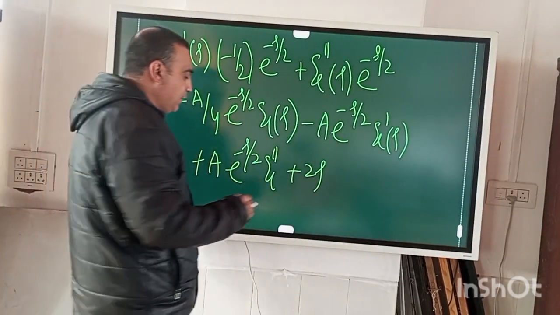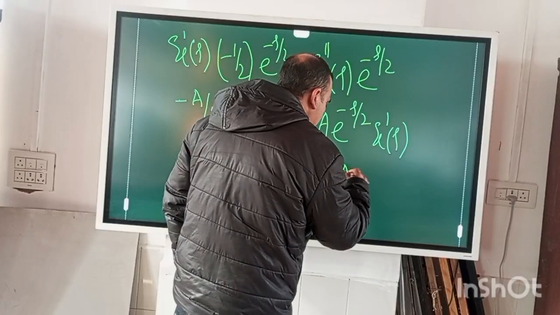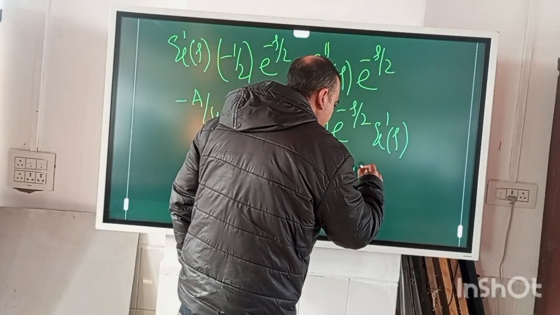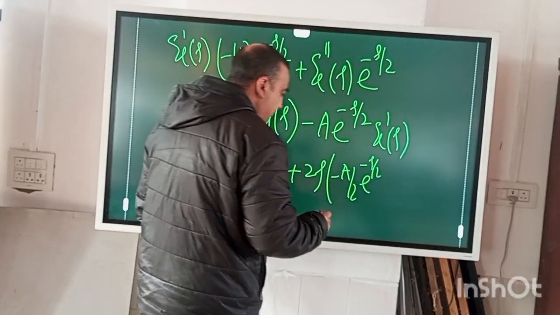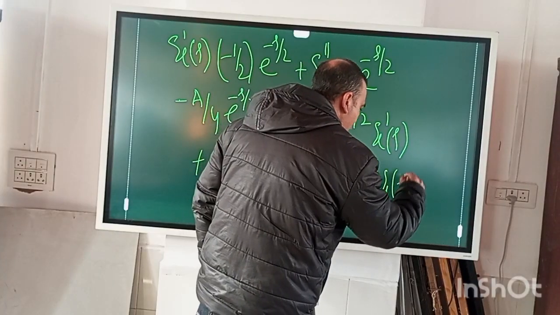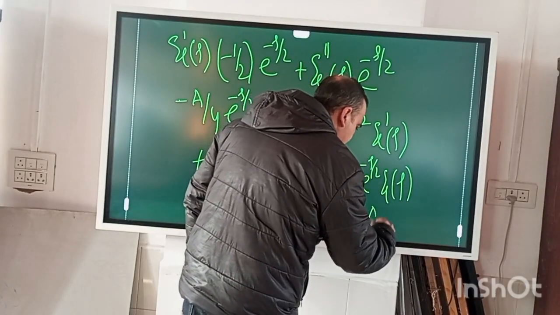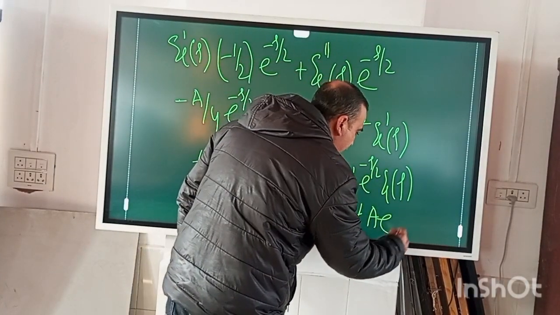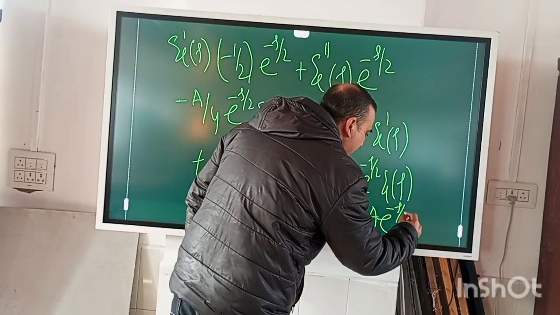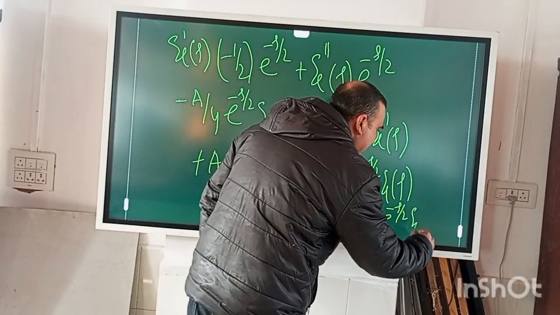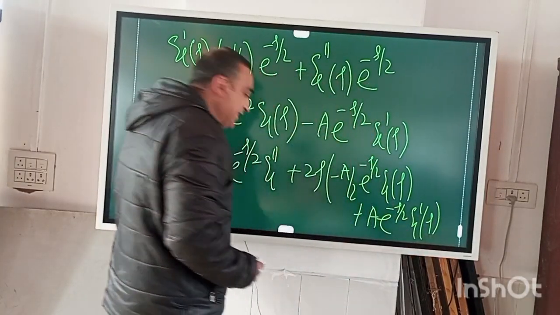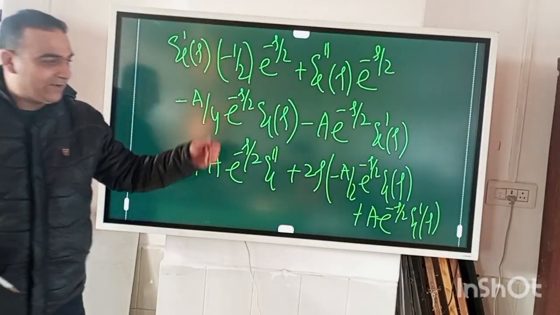Then it's minus a by 2 e raised to the power minus rho by 2 zeta of rho, plus a e raised to the power minus rho by 2 zeta dash of rho, and then there will be the other terms, okay?